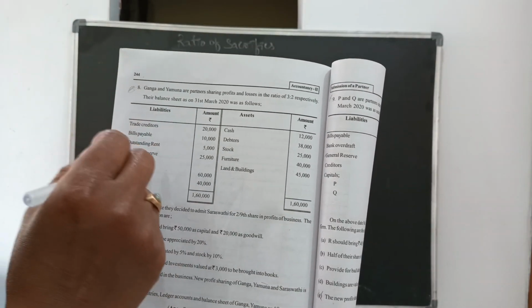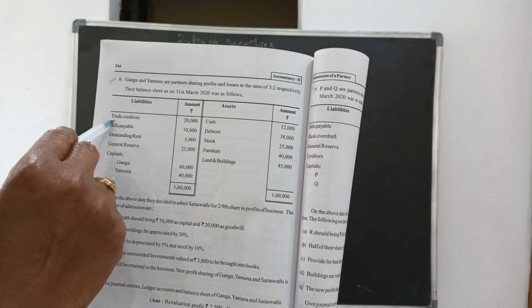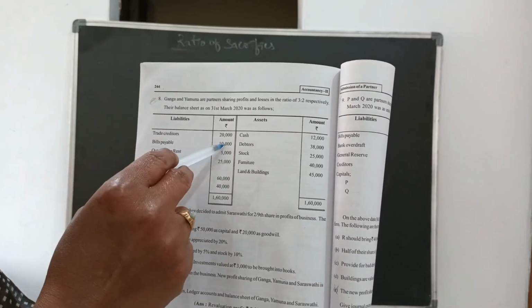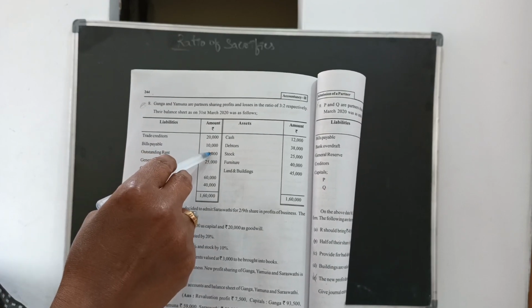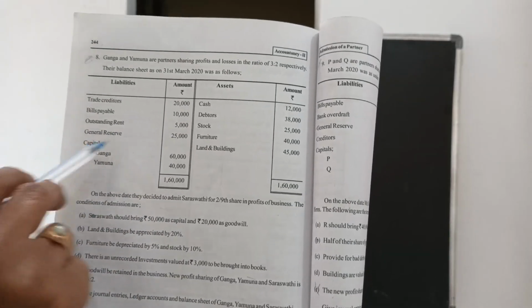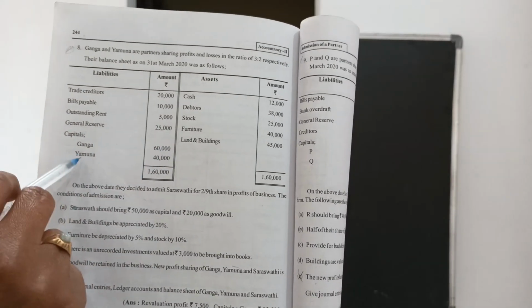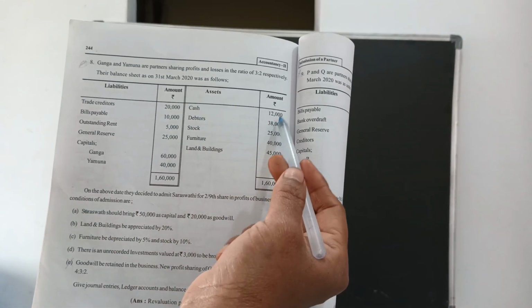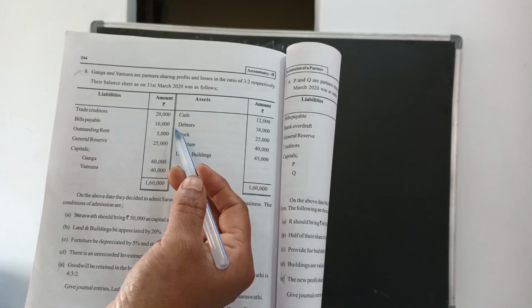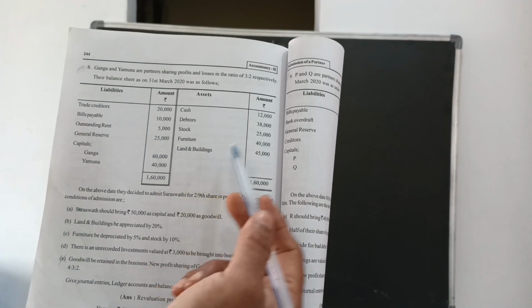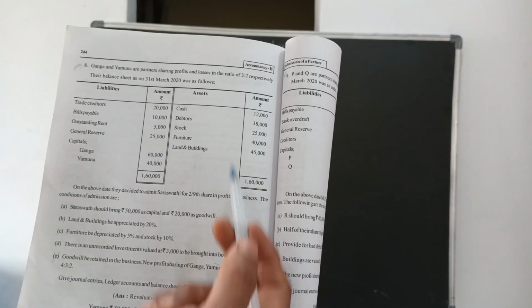According to the old balance sheet, liabilities are trade creditors 20,000, bills payable 10,000, outstanding rent 5,000, general reserve 25,000, and capitals of Ganga 60,000 and Yamuna 40,000. Coming to the asset side, cash 12,000, debtors 38,000, stock 25,000, furniture 40,000, and land and building 45,000. So the balance sheet total is 1,60,000.